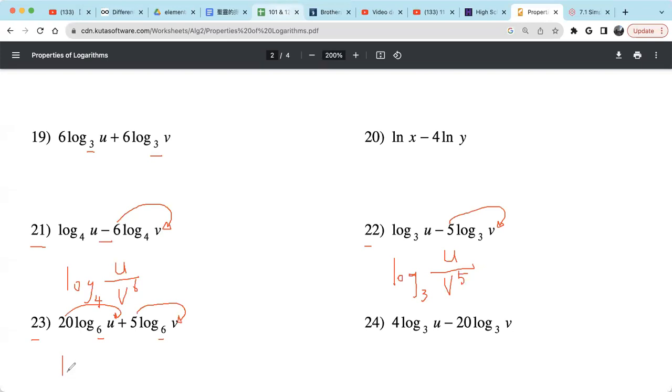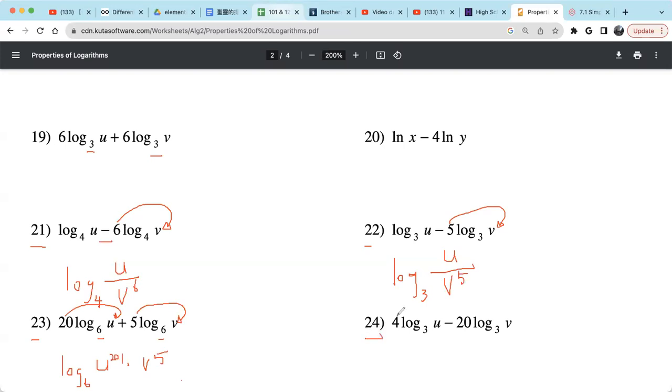So we write that as log base 6 of u raised to 2 multiplied by v raised to 5. So the single log is log base 6 of u squared multiplied by v to the 5th power.